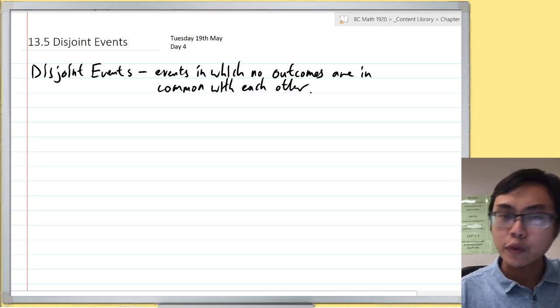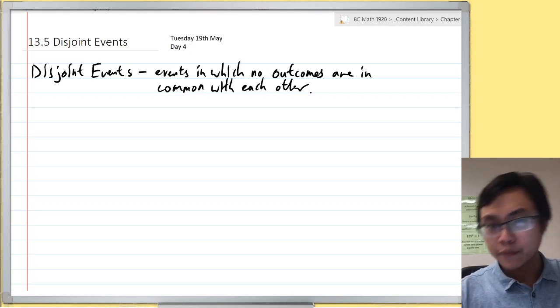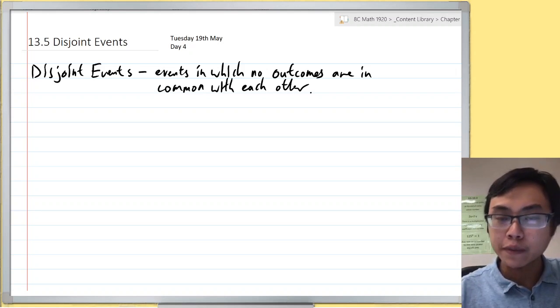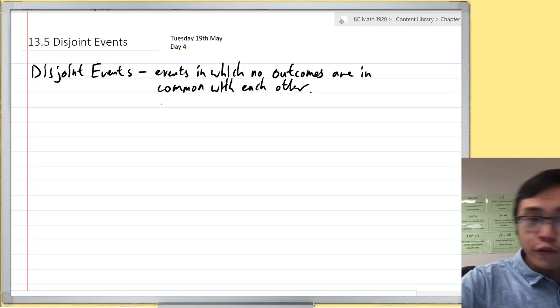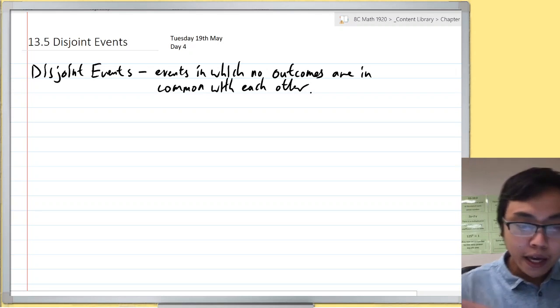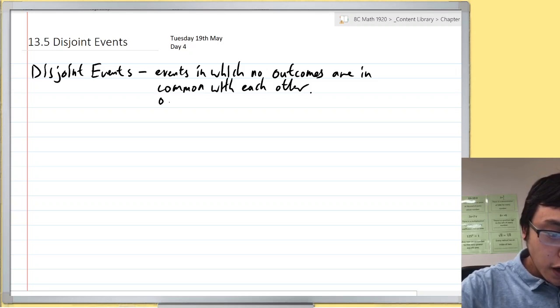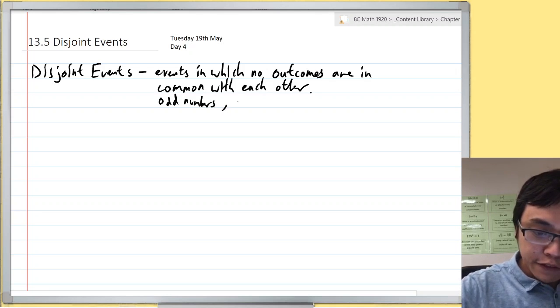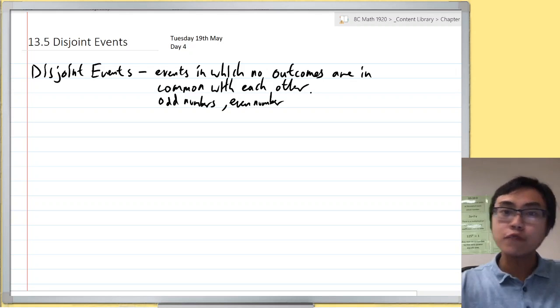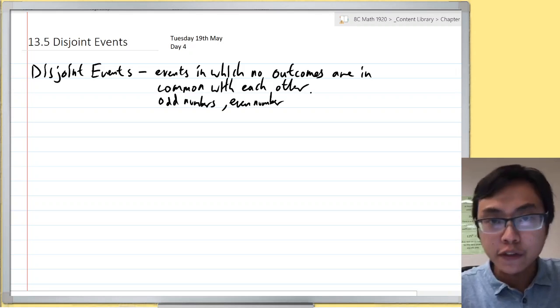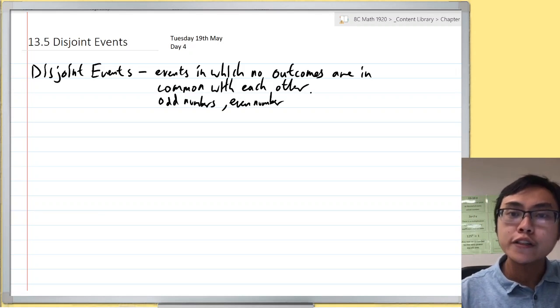Just a simple example: let's say I'm rolling a standard number cube, a dice. My events can be odd numbers and even numbers. These are two separate events. I can roll for an odd number, I can roll for an even number, and they are disjoint because there is no single outcome in common.